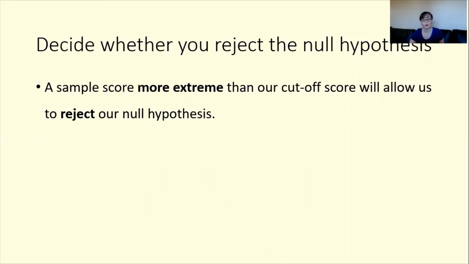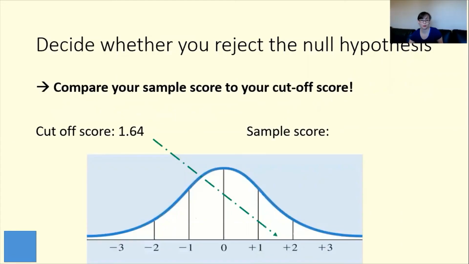So we said that we would use 5%, and that was a positive 1.64, because that was our cutoff score, our z-score that corresponded to that 5%, particularly with that one-tailed test. So I've marked that here on this distribution. And our sample score is 2.8.